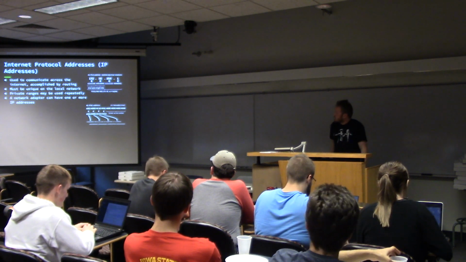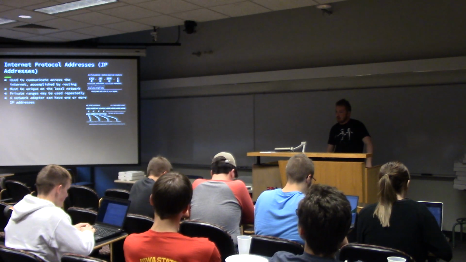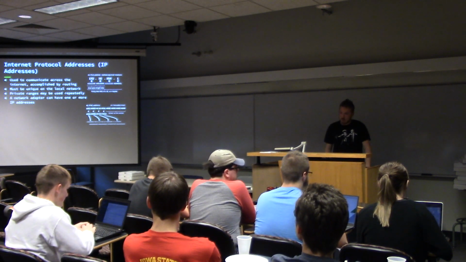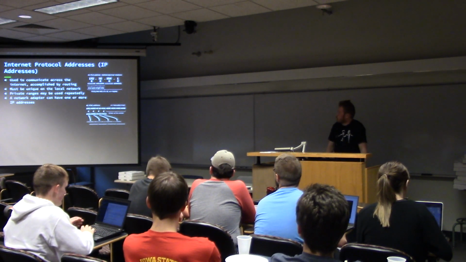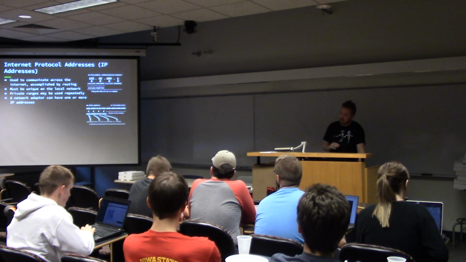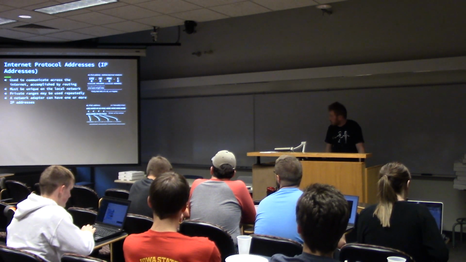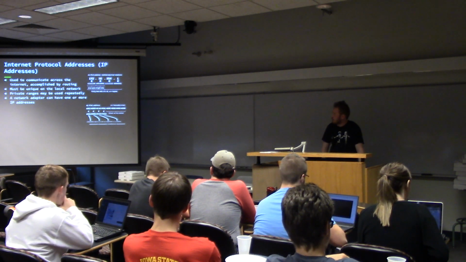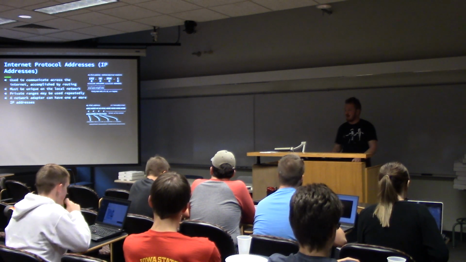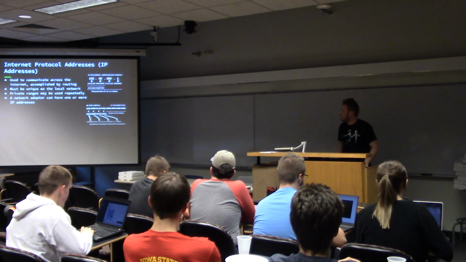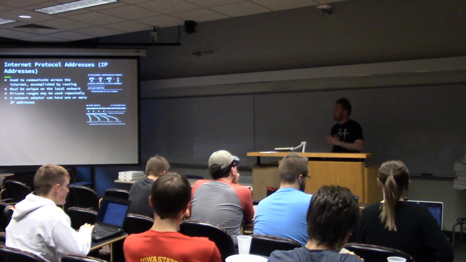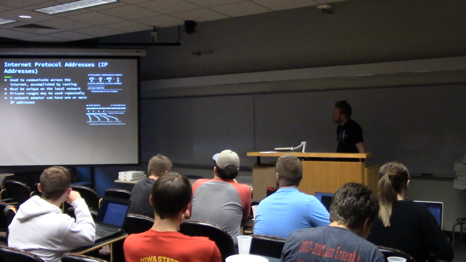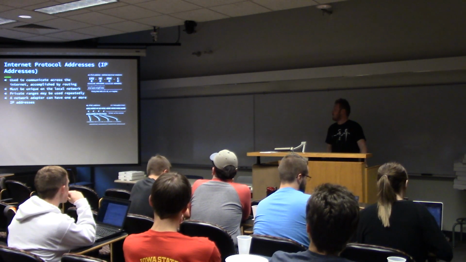There are 2 different types of IP: IPv4 and IPv6. IPv4 is the one you're probably more familiar with, where it's just 4 octets of numbers that range from 0 to 255. I think that allows for 4 billion unique IPs, which is kind of not enough for everybody. So there's a bit of a risk of running out of IPv4 addresses, which has been slowed down for a bit.